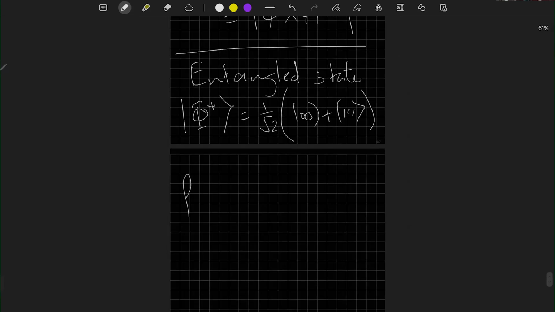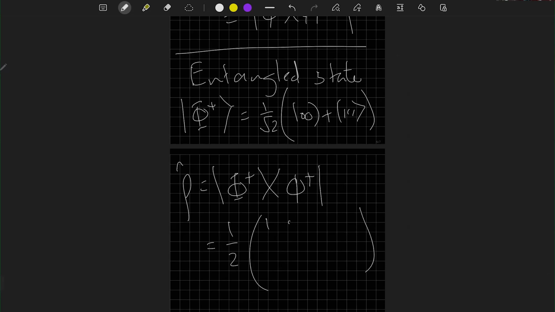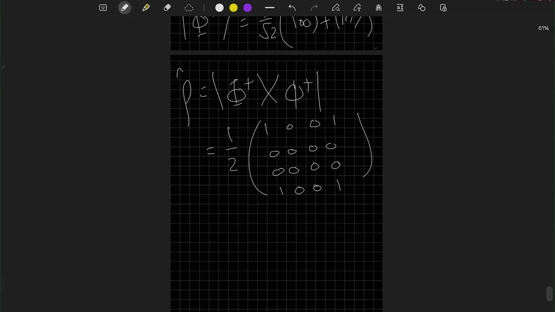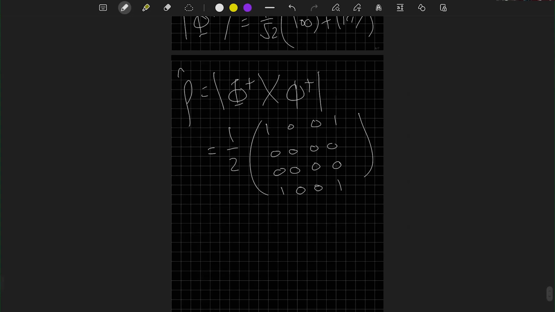The density operator for this state will of course be given by this form. And if I were to write this down in matrix notation, this is what it's going to look like. Now, quantum state tomography really means that I want to find out in general rho.